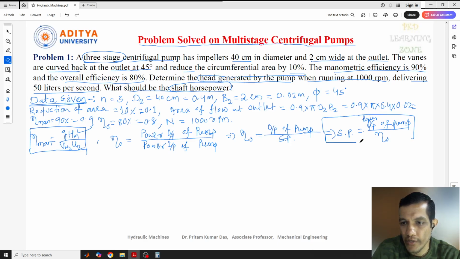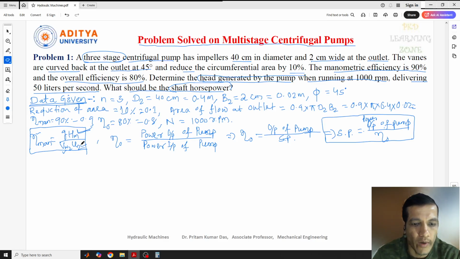Now, the power output of the pump is not given, so we need to calculate that. Here we also need to calculate Vw2 and U2. These three things we need to calculate, then we can solve this.